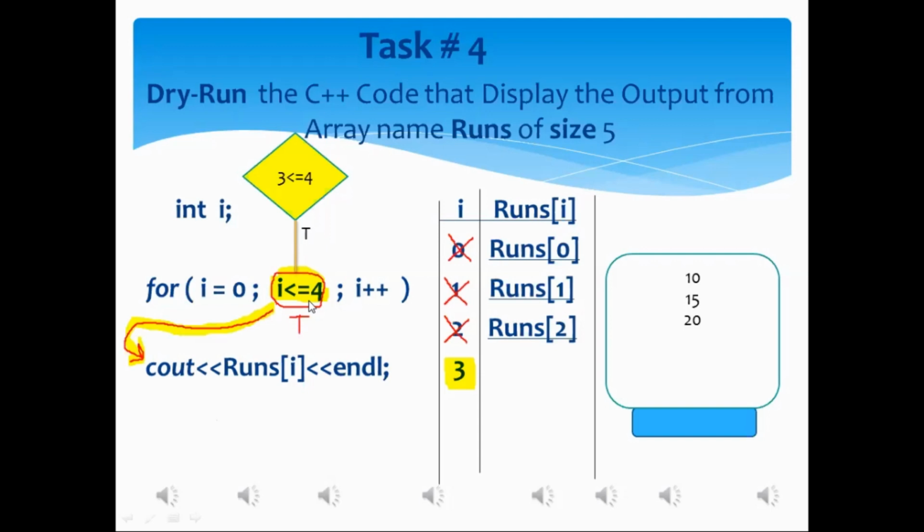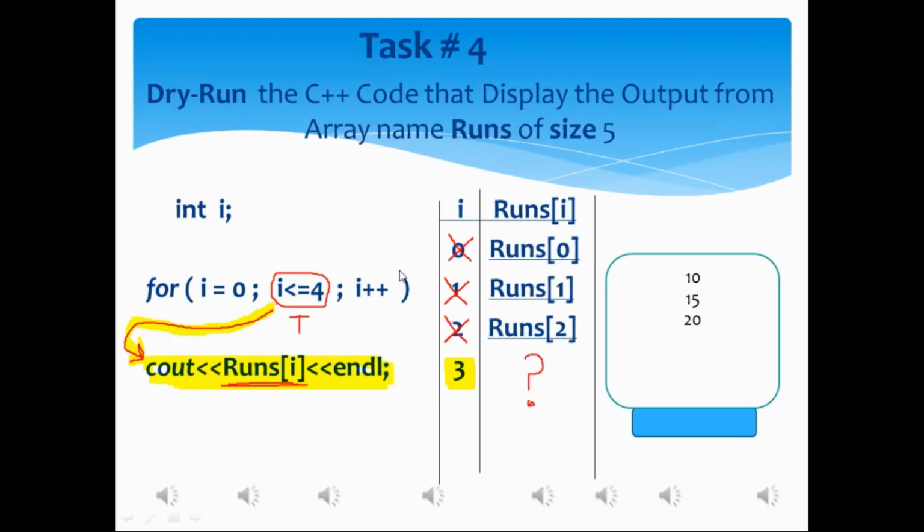And my dear Aftab, when this cout statement will be executed, whatever the address we have specified over there, the data value that had been stored in this memory location, runs within square bracket I, that will be displayed onto the monitor screen. Yes, sir. It is so or not?